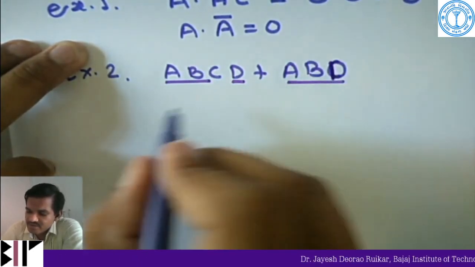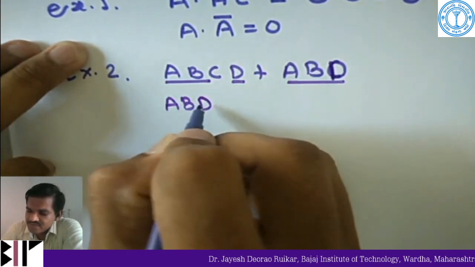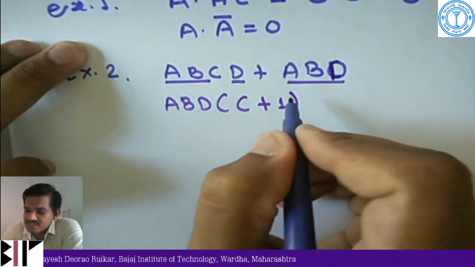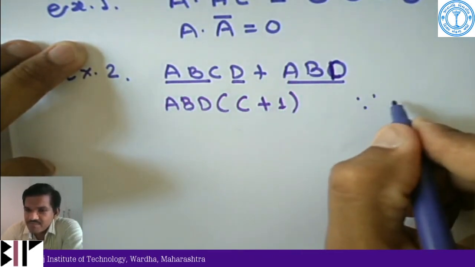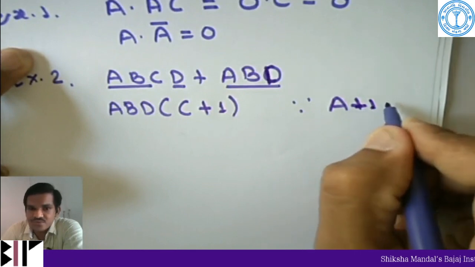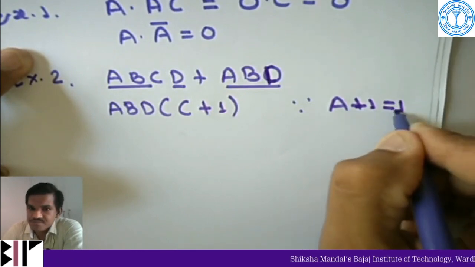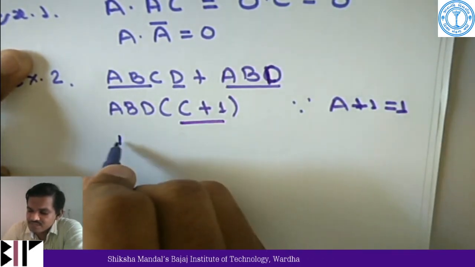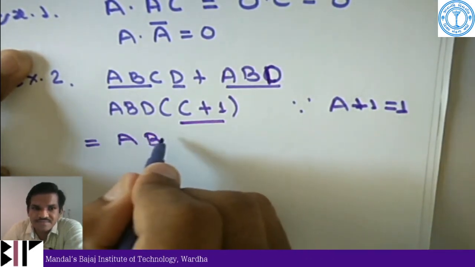So when we take common a b d, what is left? c plus 1. But our Boolean expression theorem says that a plus 1 is equals to 1, so this c plus 1 is equals to 1. So which will give me a, b and d.